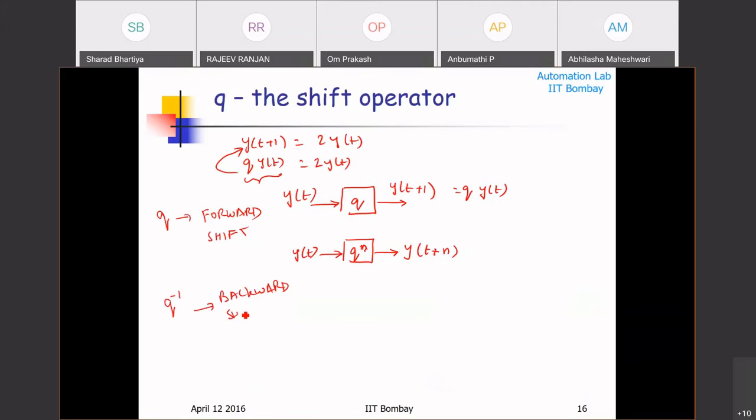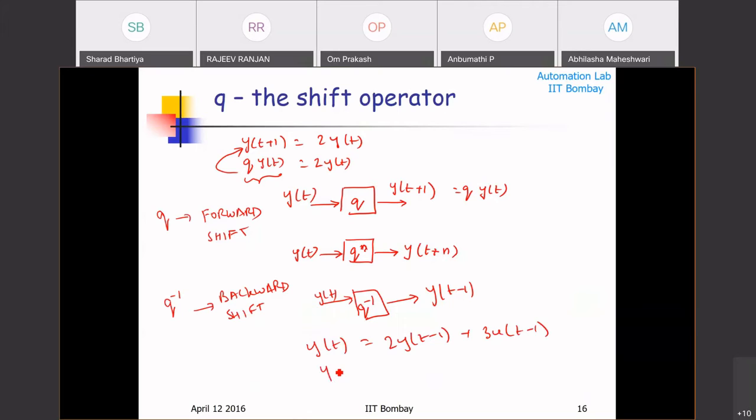And I'm going to use the same algebra. So you have y of t over here. You have q to the power of minus 1. And what you get is one sample at the back. So it is known as the backward shift operator. Okay, that's all. So if I now write down an equation like y of t is equal to 2 times y of t minus 1 plus 3 times u of t minus 1, you can very easily make use of this shift operator.